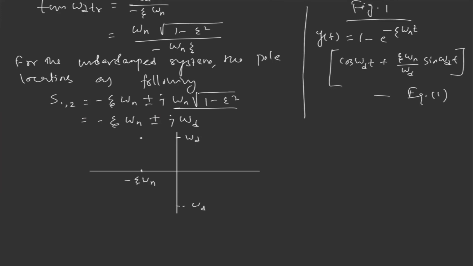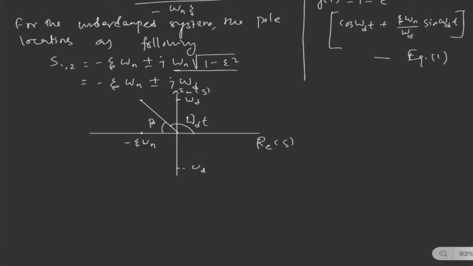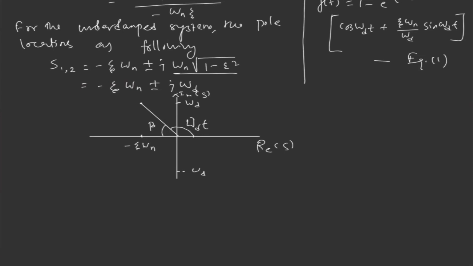And if you denote this angle by beta, this is obvious from the expression. This is the real axis, and this is the imaginary axis.